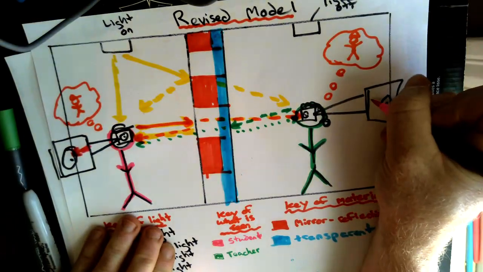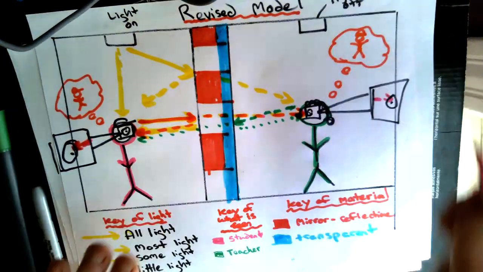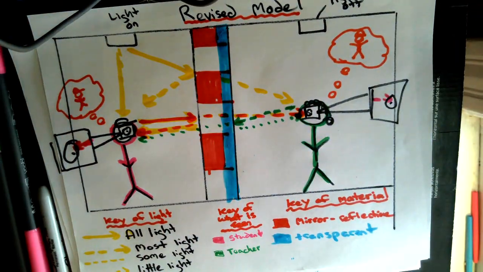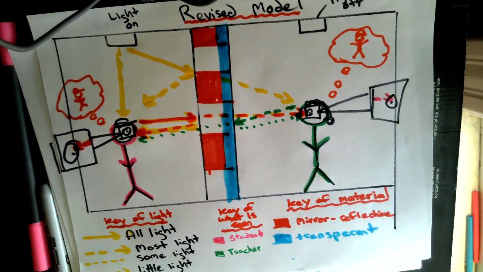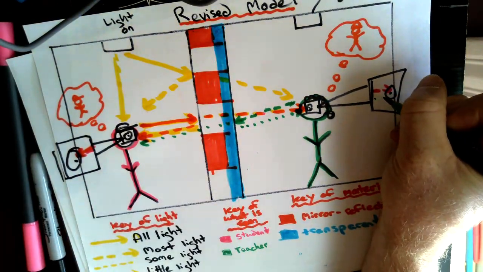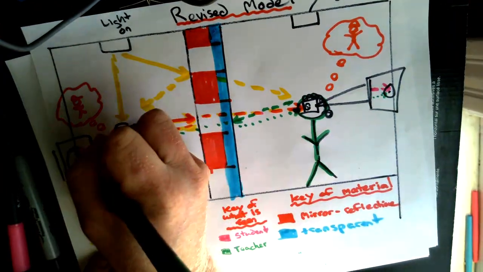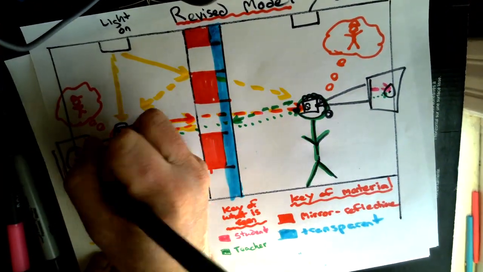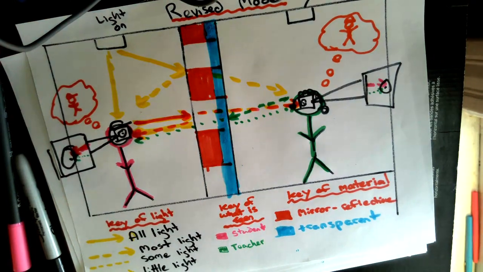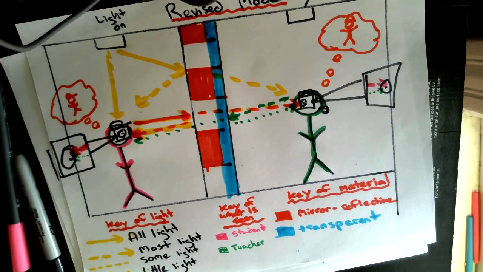All right, she's getting the same, about half the light hitting her eye for his reflection. And then she's getting just a small amount, little light from her own reflection. And he's getting a little light from his reflection. All right, so two sources, both hitting the eyeballs. One has a little bit more, the other one has less.